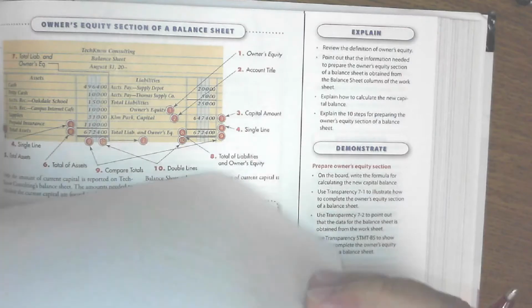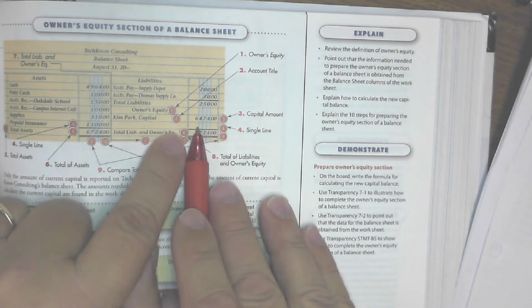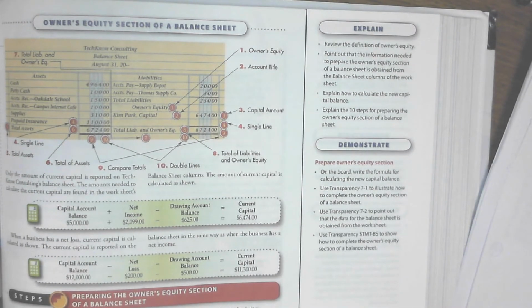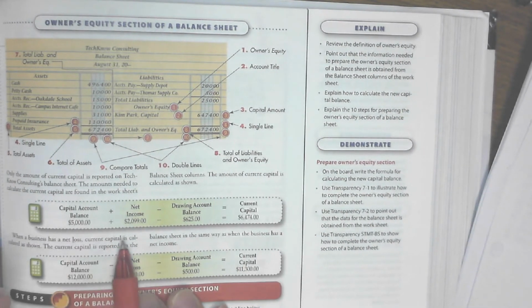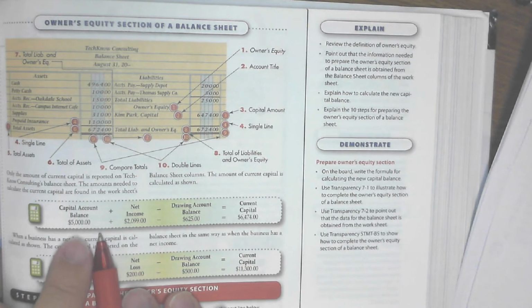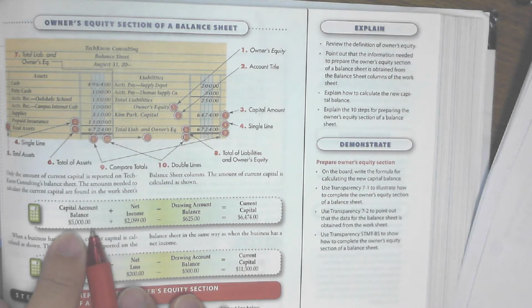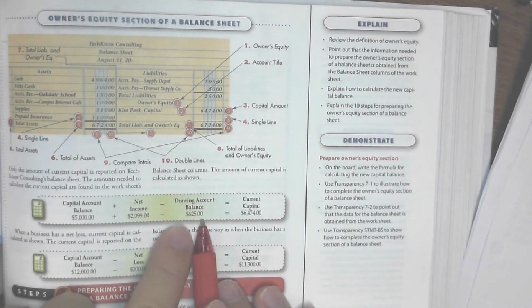So on this one, for the owner's equity part, on step 3, we're going to do the capital account balance, plus net income, minus the drawing account.